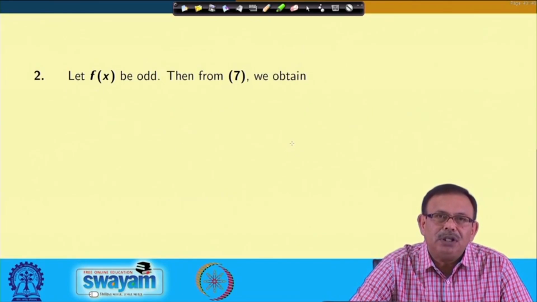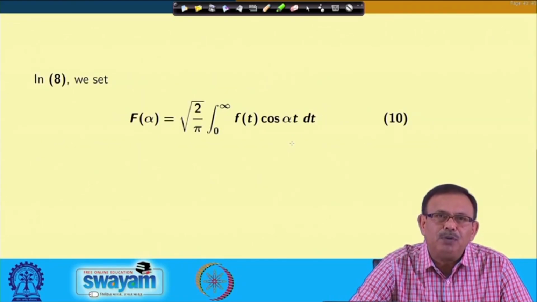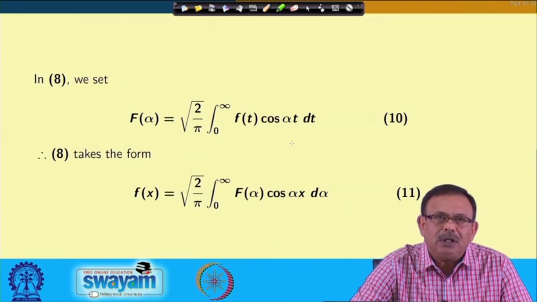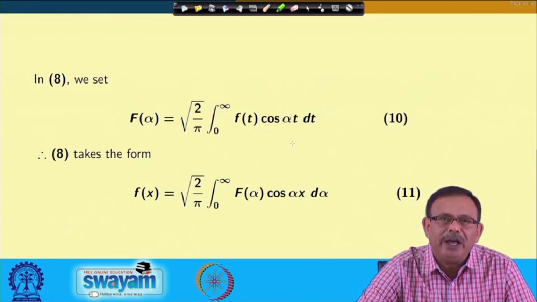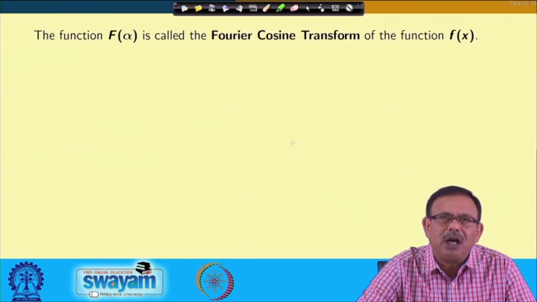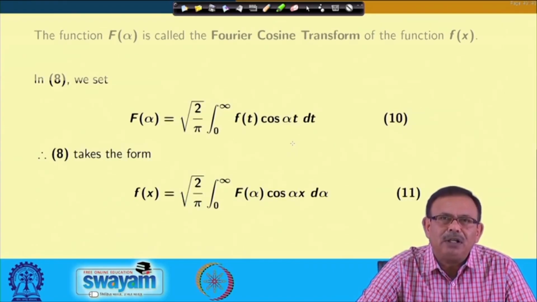If I set F(alpha) equals root over 2 by pi, integral from 0 to infinity of f(t) cos(alpha t) dt, then 8 takes the form f(x) equals root over 2 by pi, integral from 0 to infinity of F(alpha) cos(alpha x) d alpha.